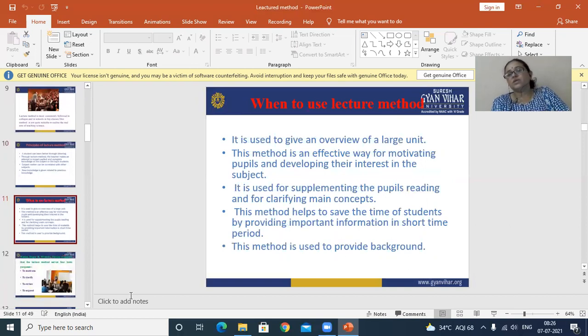When to use lecture method? It is used to give an overview of a large unit. This method is an effective way of motivating pupils and developing their interest in the subject.